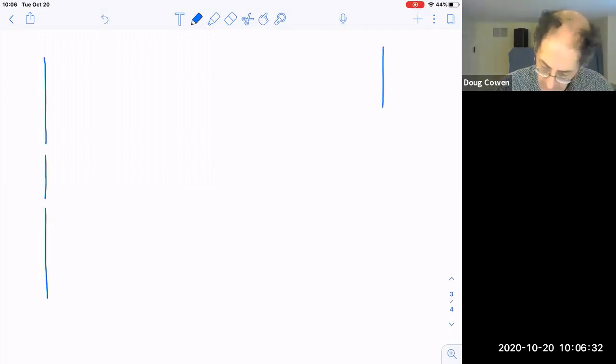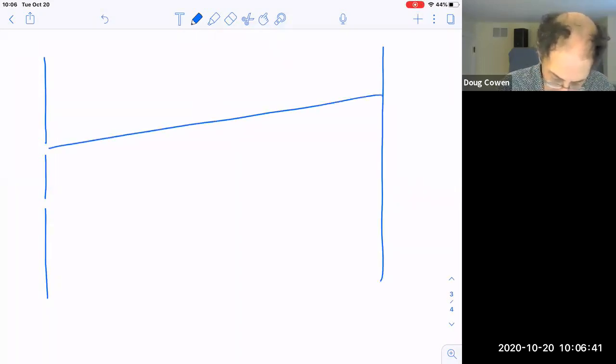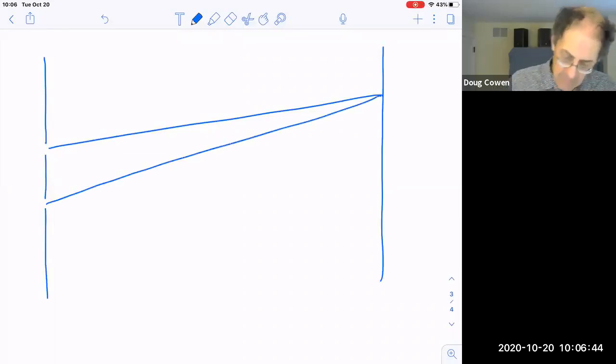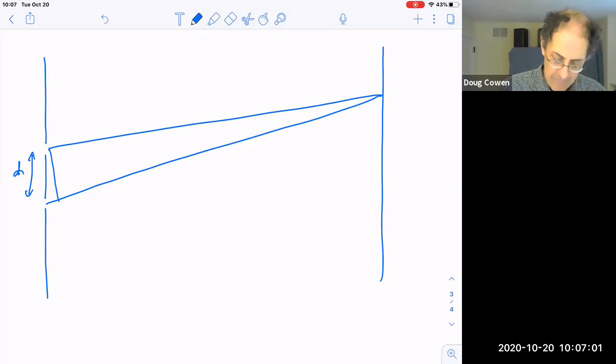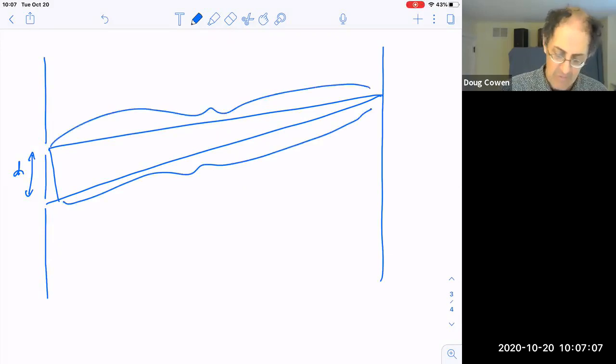So here's a slit, and here's a screen. This is a little more exaggerated in the other direction, in the sense that the slit separation d is really much smaller than shown. But in this depiction, I think it should be a little clearer that this distance is equal to this distance, and this distance is a little extra.